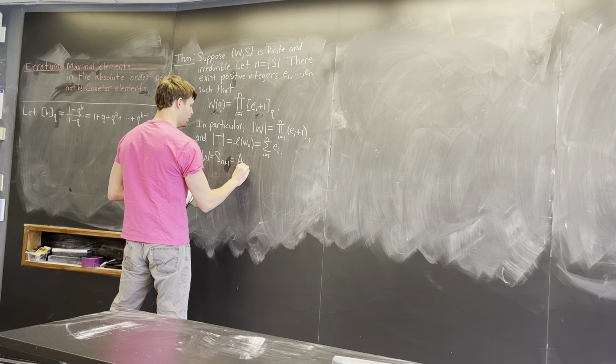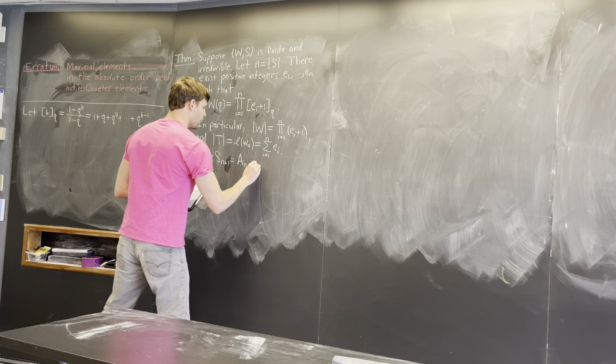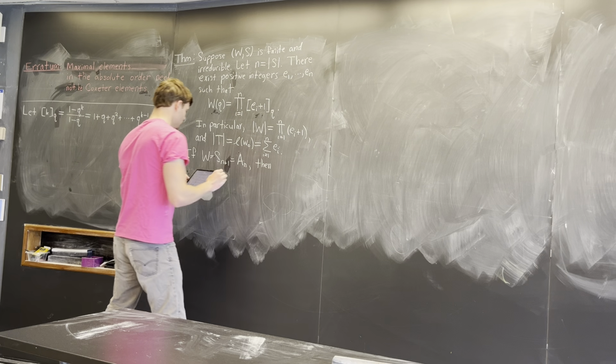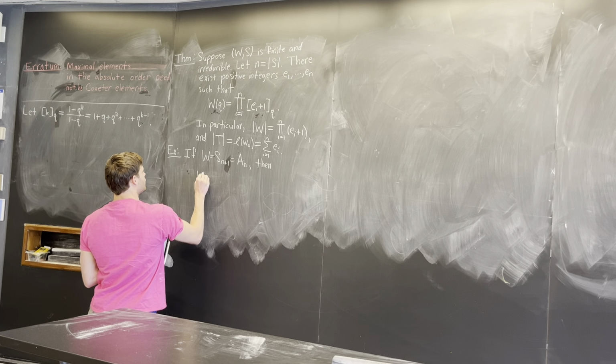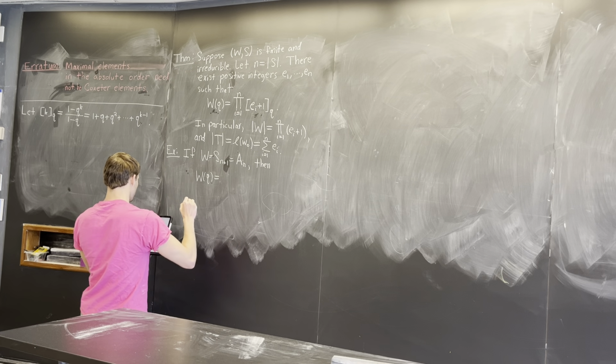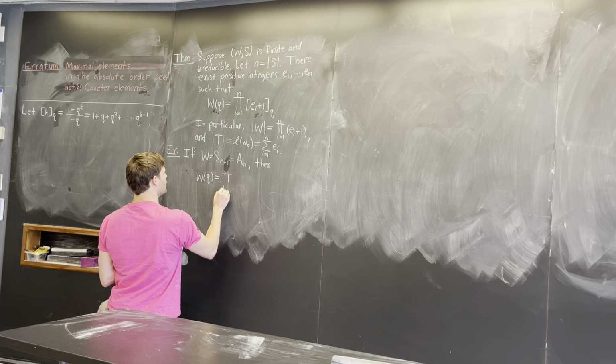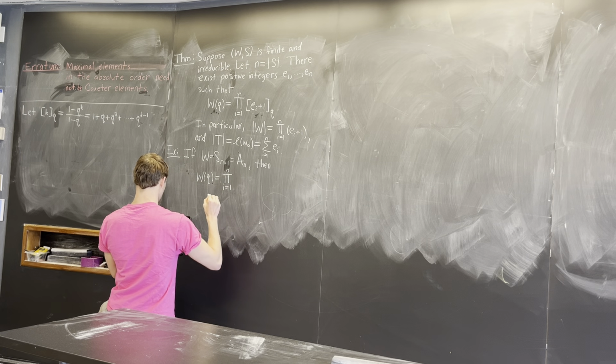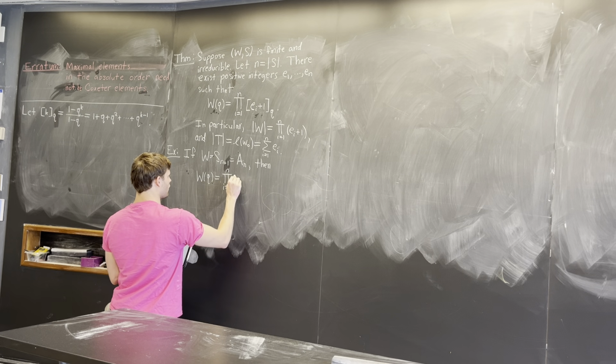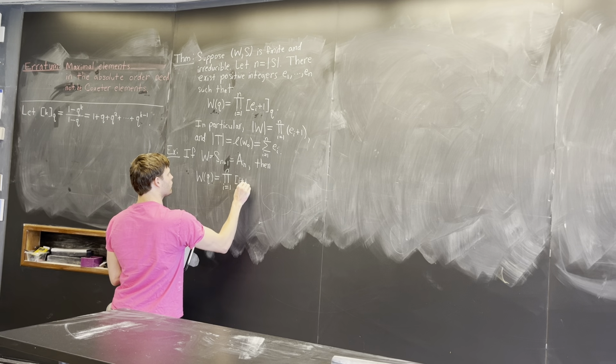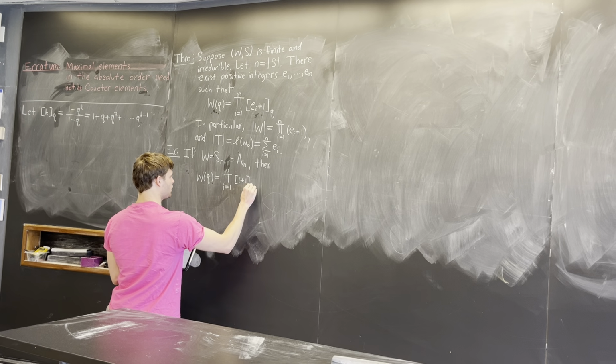This is the same as A_n. Then we said that W(q) was the product from i equals 1 to n of just the bracket i plus 1 sub q.